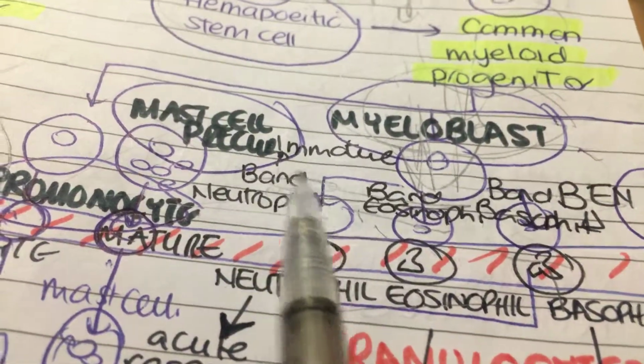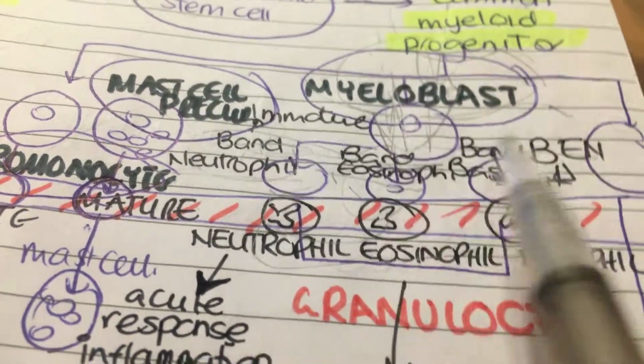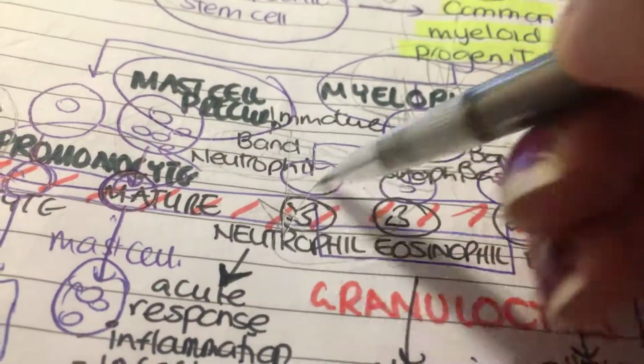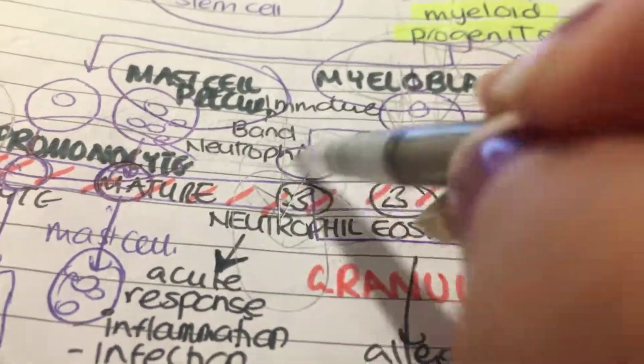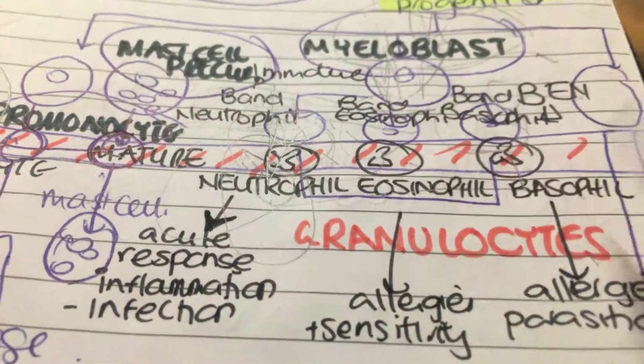These are called band because they are the immature versions of the mature neutrophil, eosinophil, and basophil. Once they cross into the bloodstream, they can become mature neutrophils, eosinophils, or basophils.